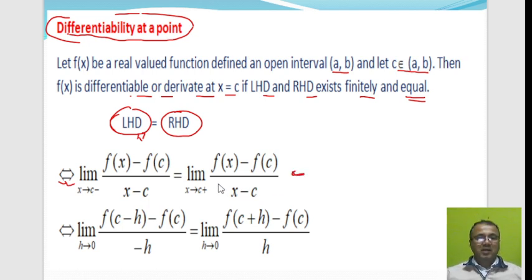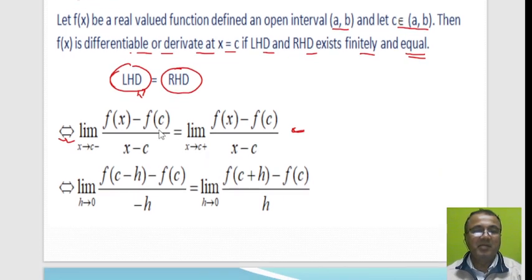Alternatively, you can write the left hand derivative by replacing x equal to c minus h. If you replace x equal to c minus h, then the limit becomes h tends to 0 of f of c minus h minus f of c divided by minus h. So this is the left hand derivative. Similarly you replace x equal to c plus h.